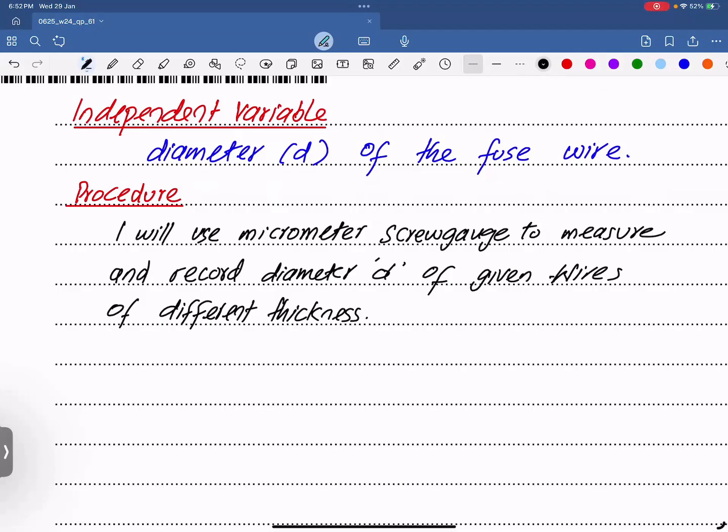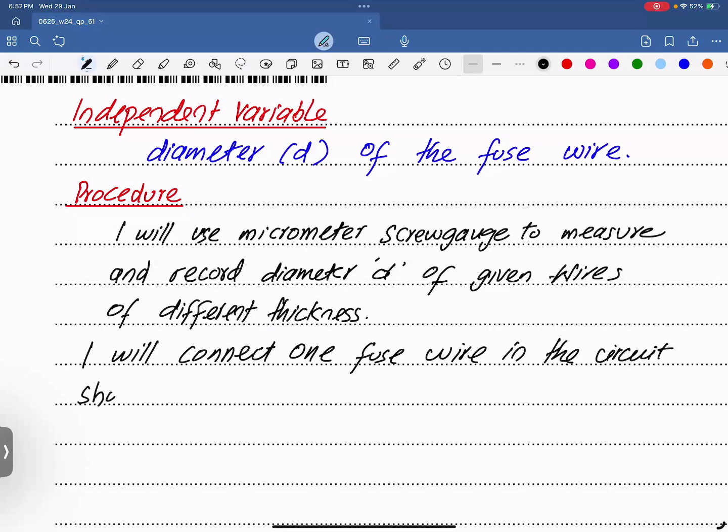Okay, diameter done. I will connect one fuse wire in the circuit shown.